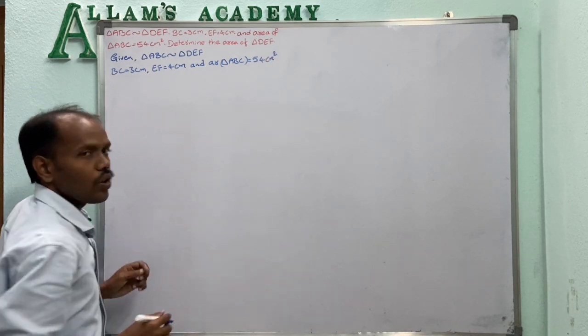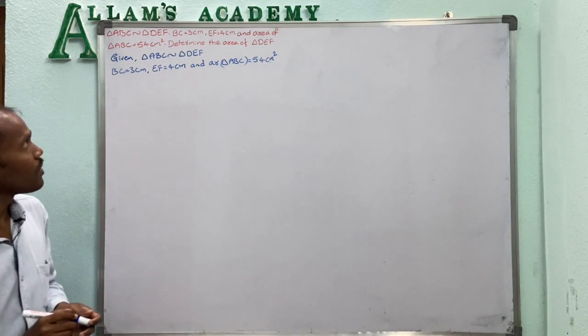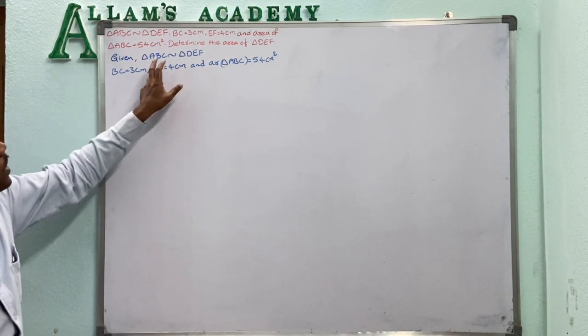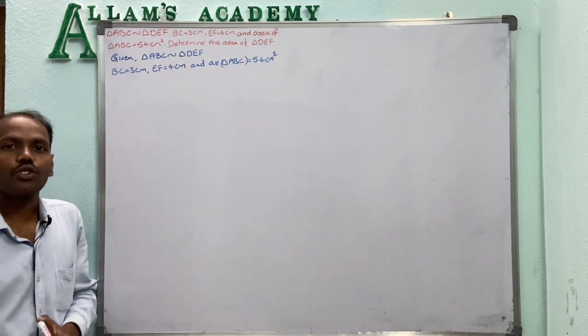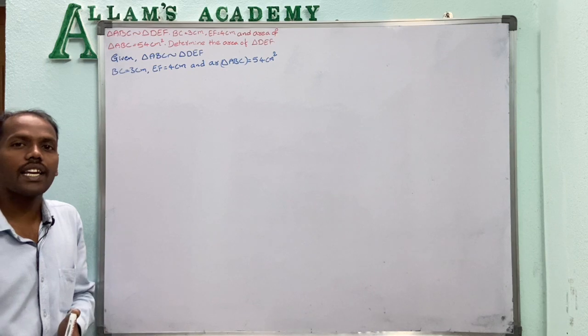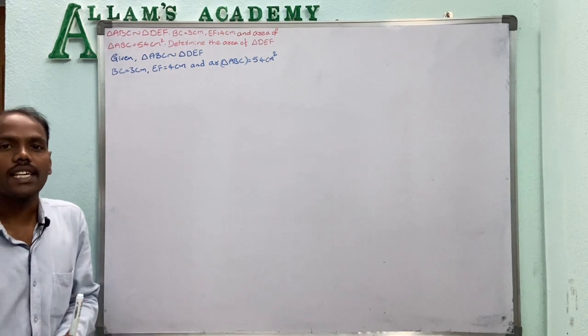Now we know that if two triangles are similar, then the ratio of their areas is equal to the square of their corresponding sides ratio.